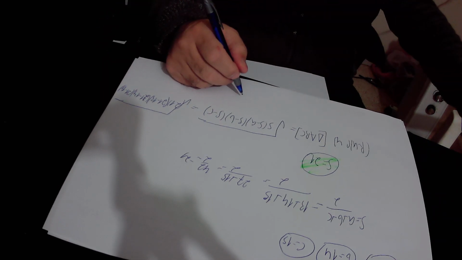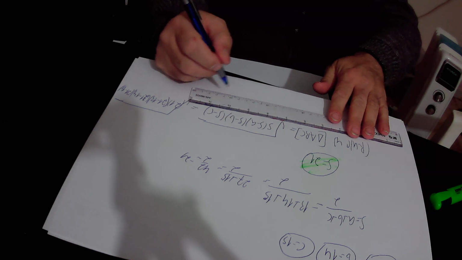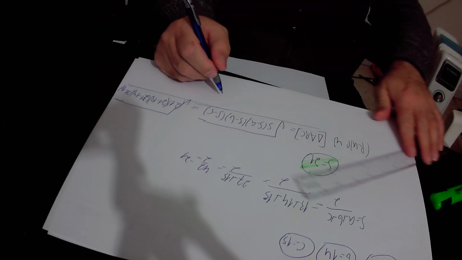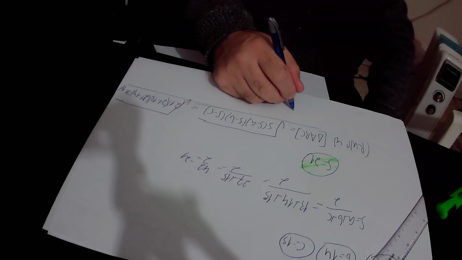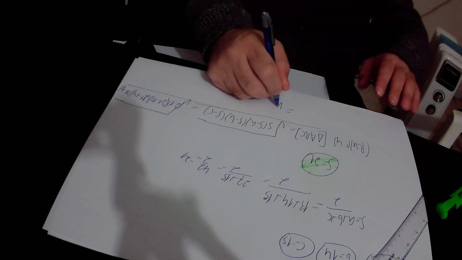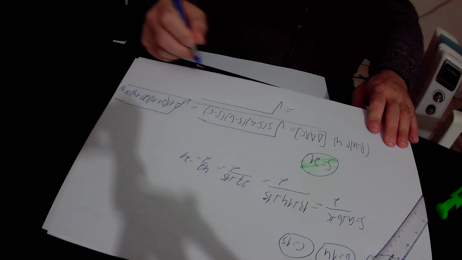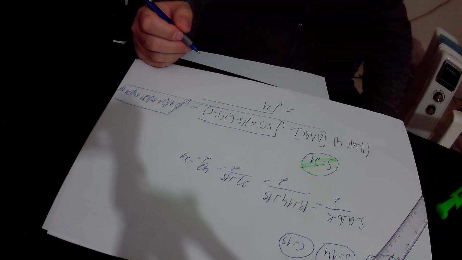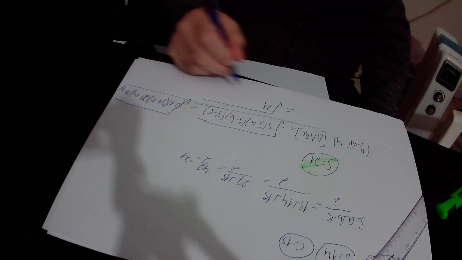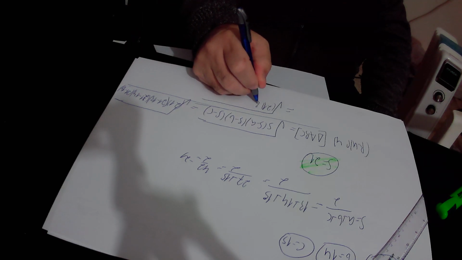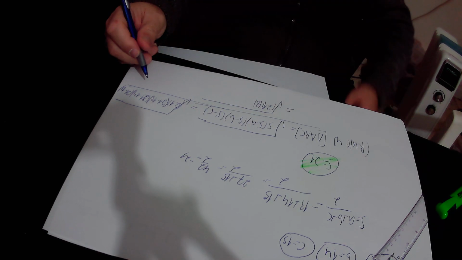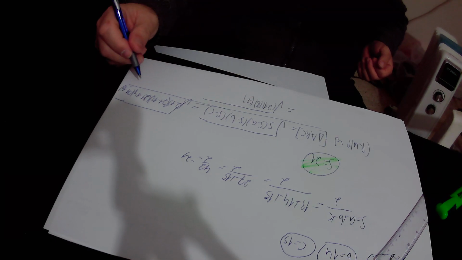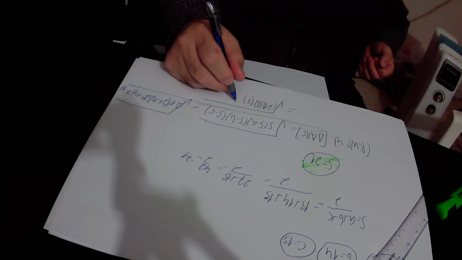So the area of triangle ABC, according to rule number 4, equals the square root of 21 times 21 minus 13, that is 8, times 21 minus 14, that is 7, times 21 minus 15, that is 6.